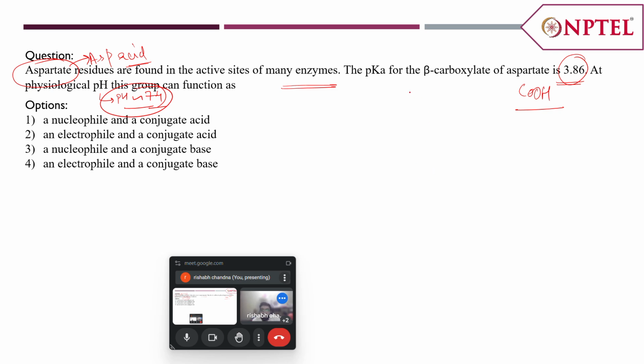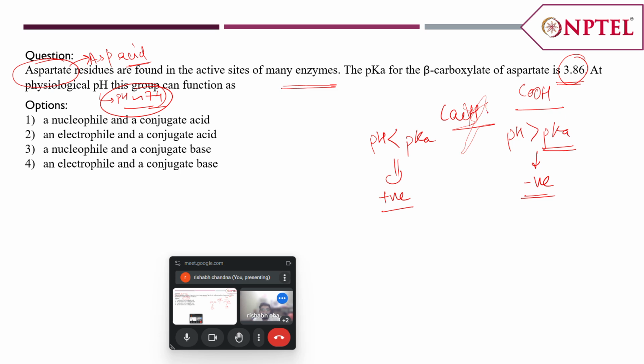Whenever we talk about these cases, we have to check if the pH is less than pK or more than pK. If pH is less than pK, it would be positively charged, and if pH is more than pK, it would be negatively charged. So this is COOH.